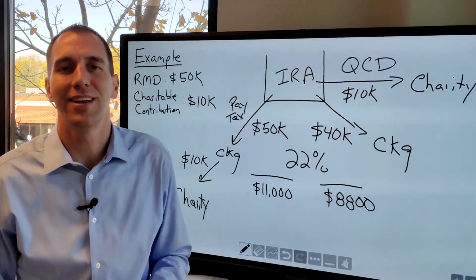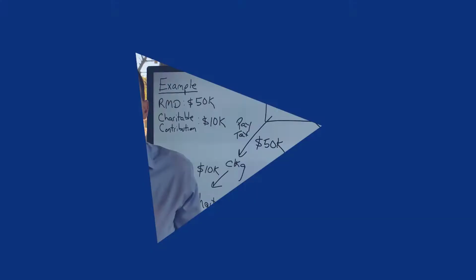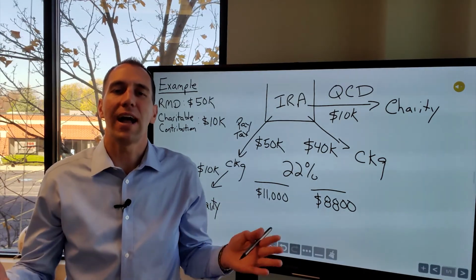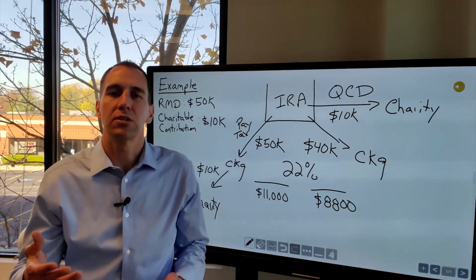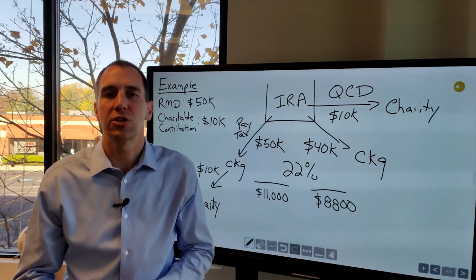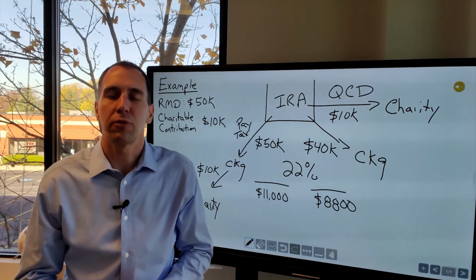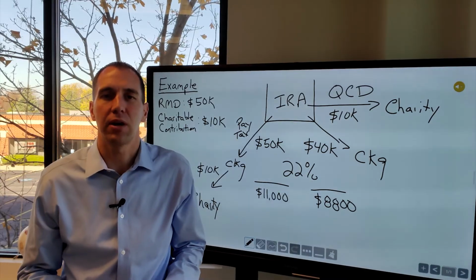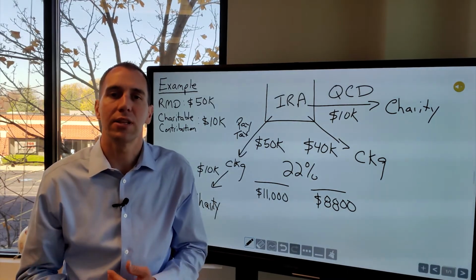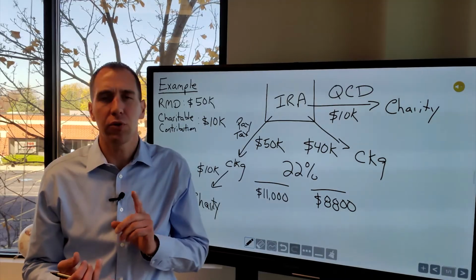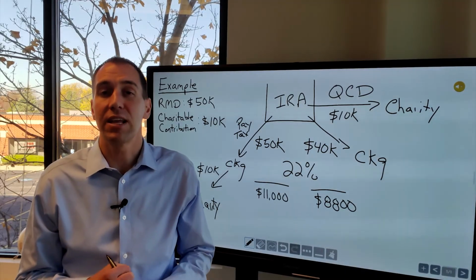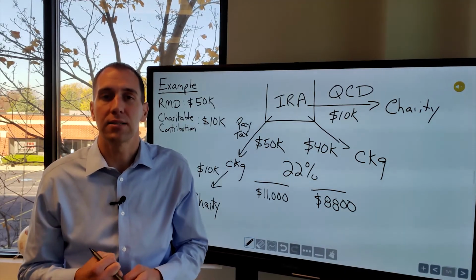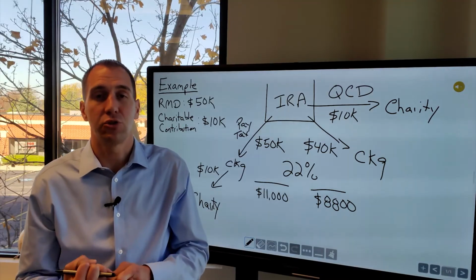Now, as always, there are different IRS guidelines and requirements when it comes to these different strategies. So speak with a financial professional as well as your tax preparer to make sure that you're doing this in the proper manner. A few of the requirements: you must be age 70 and a half to utilize the Qualified Charitable Distribution strategy.